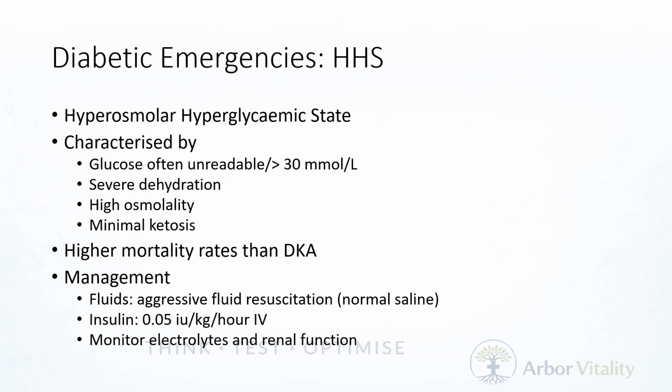It is characterized by glucose that is typically unreadable because of how high it is, severe dehydration with high osmolality, and maybe minimal to mild ketosis. You need aggressive fluid resuscitation and an insulin infusion of 0.05 IU per kg per hour. Again, it depends on your specific facility and guidelines.